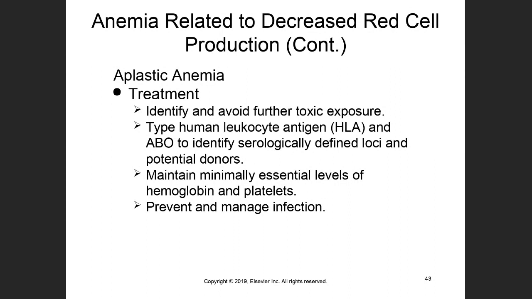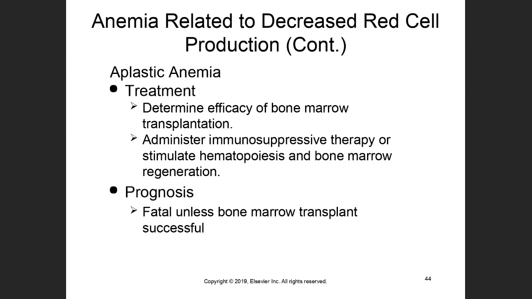Type human leukocyte antigens. Maintain minimal essential level of hemoglobin and platelets, and prevent and manage infection. Treatments determine efficacy of bone marrow transplantation. Administer immunosuppressive therapy. The prognosis is fatal unless bone marrow transplant is successful.